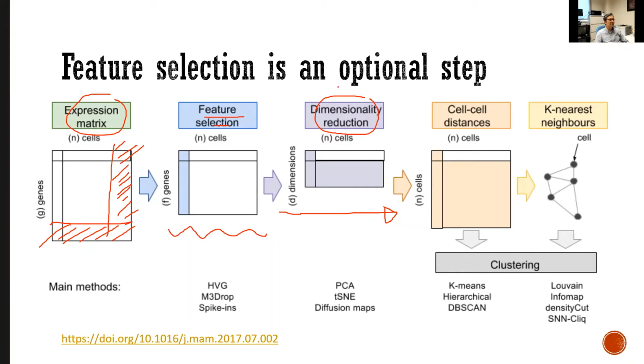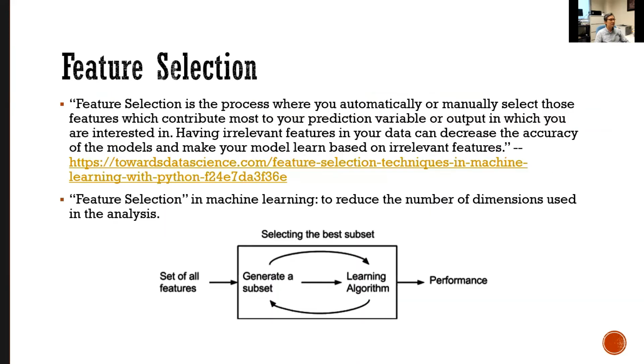Again, I think this step is optional. If you have a relatively small dataset, you don't have to do it, but it will become more and more important as we have larger and larger matrices as input. By definition, feature selection is a process where you automatically or manually select features. In our case, for cells, those features will be their genes: which genes you want to include in the downstream analysis.